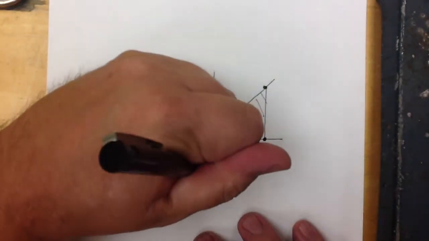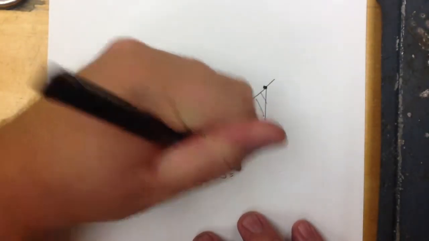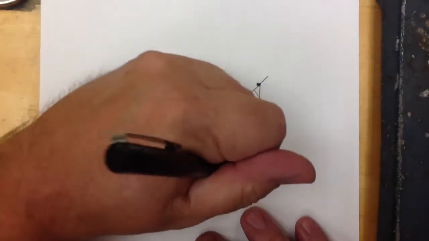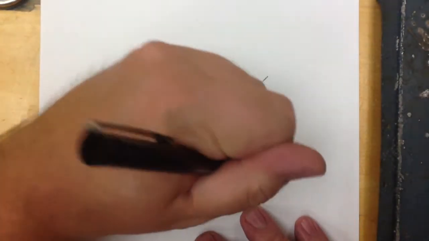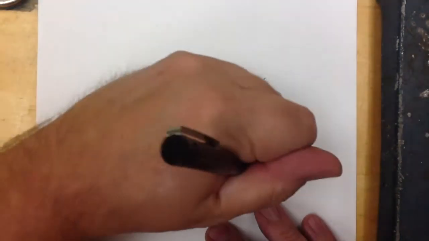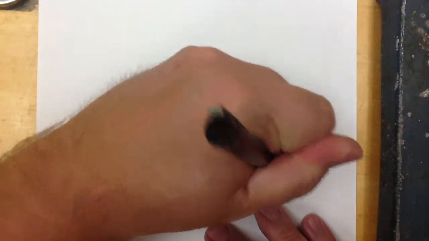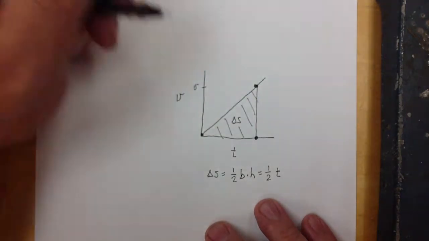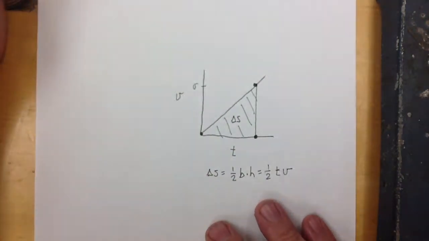Well, the delta S, or the area underneath this graph, is equal to 1/2 the base times the height. Well, the base is time, and the height is how fast it goes.